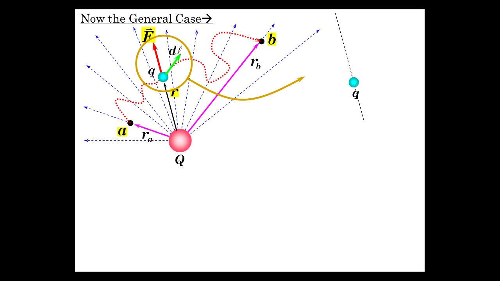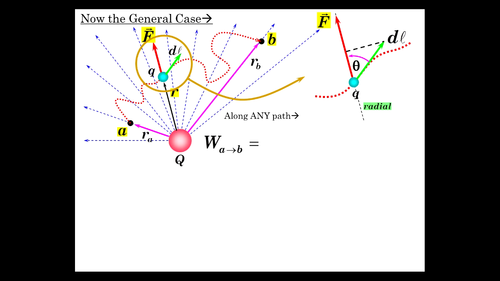Here's our Q. There's a radial line, and here's the force right there. And now dl is magnified here, and of course F and dl are two vector quantities, and the angle between those two vectors is theta. So any path that we choose, this analysis is the same.